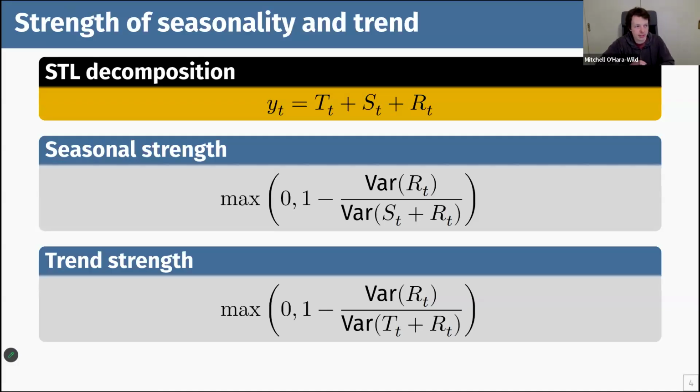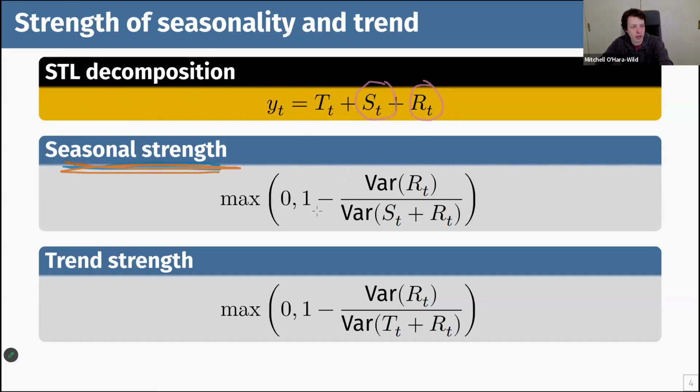And there's a couple of statistics that we can compute from a decomposition. So in the first box here, this is what we just learned about in the previous session, how we can use an STL decomposition to split up the data Y_t into its patterns of trend, seasonality, and remainder. And then once we've done that decomposition, we can reuse the seasonality and the remainder in order to calculate the strength of the seasonality.